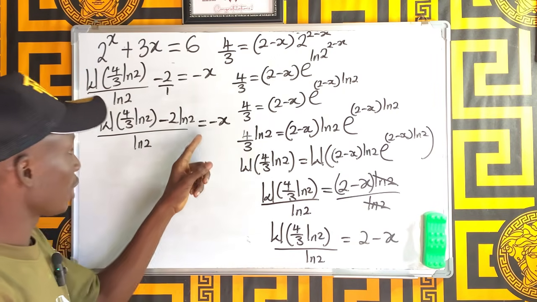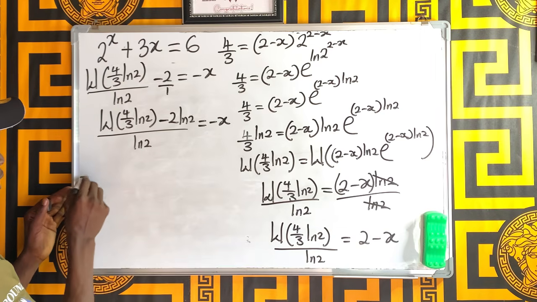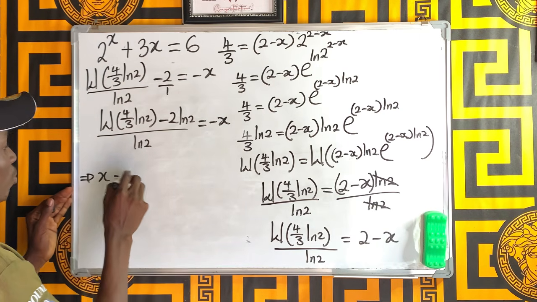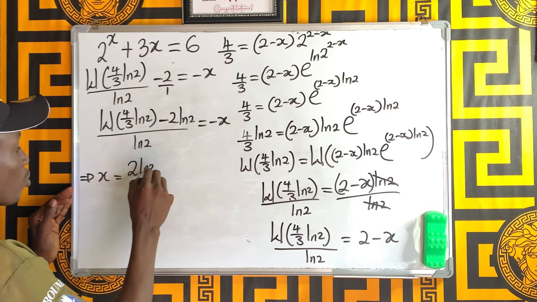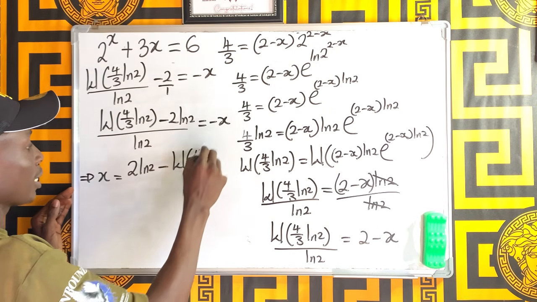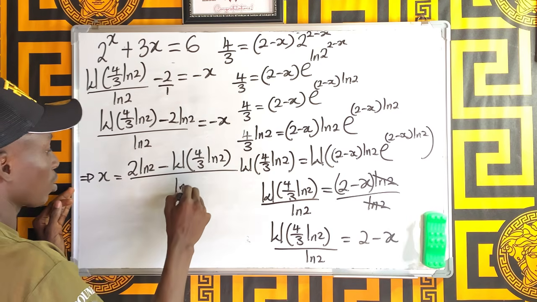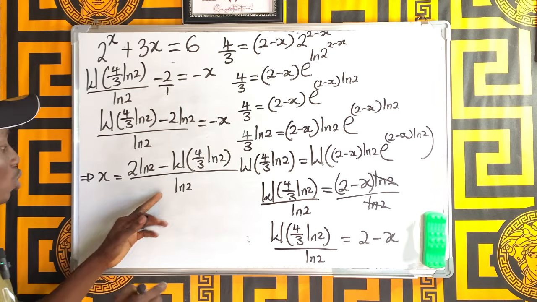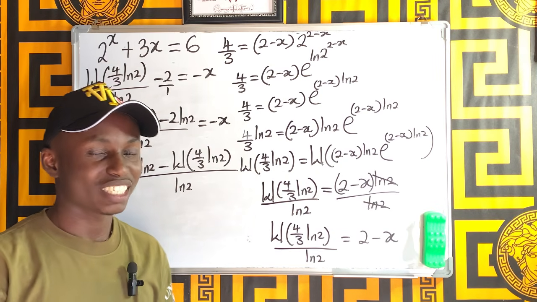So what we're going to do here is to multiply both sides by minus 1. If we do that, we can see that our s is equal to 2 natural logarithm of 2 minus the W function of 4 divided by 3 natural logarithm of 2, then all divided by ln 2. And this is the solution to this particular question. Can you see how simple and interesting it is?